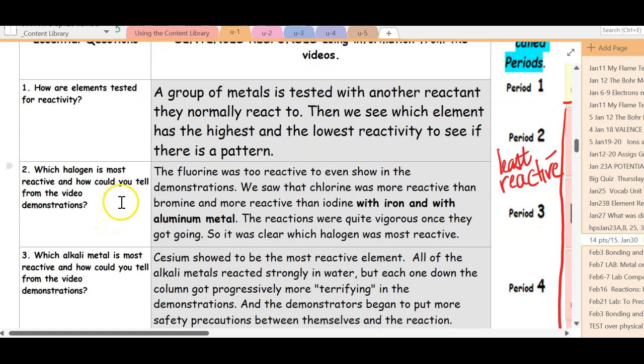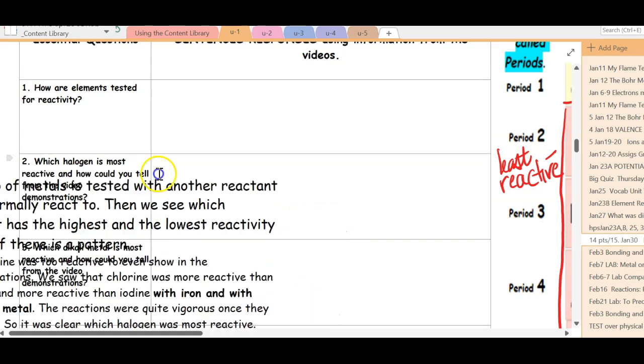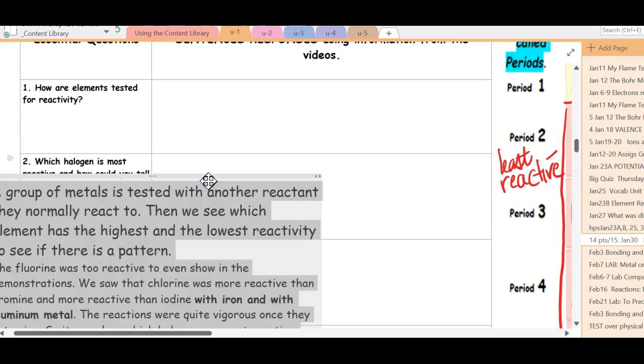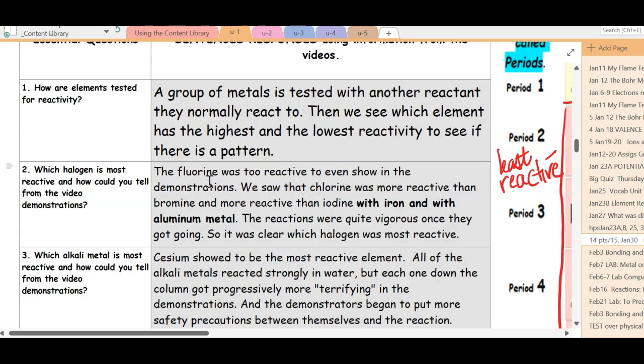The second question says, which halogen is most reactive and how could you tell from the demo? Well, the fluorine was too reactive to even show in the demos, so that's very clear that fluorine is the most reactive of the halogens. We saw that chlorine was more reactive than bromine, and bromine was more reactive than iodine.